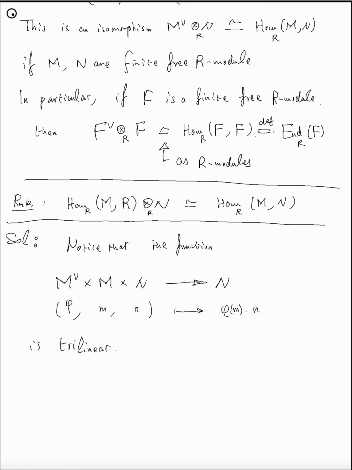N is an R module, and all of this tells you that this described map is a trilinear map. Hence, by the first part of our exercise today, this trilinear map gives a bilinear map.